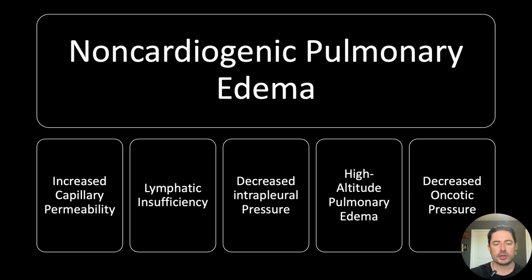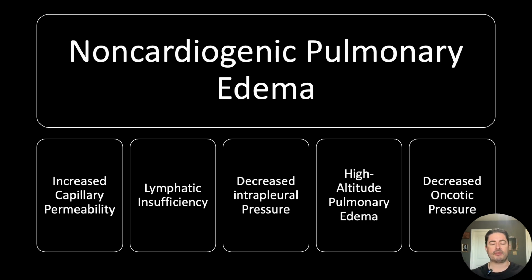The first one that we're going to look at is an increased capillary permeability. Permeability means it allows things to pass. I like to think of it as a security guard at an event that just allows anybody in and out. That would be like a loose permeability, but selective permeability means the security guard only allows certain things across.